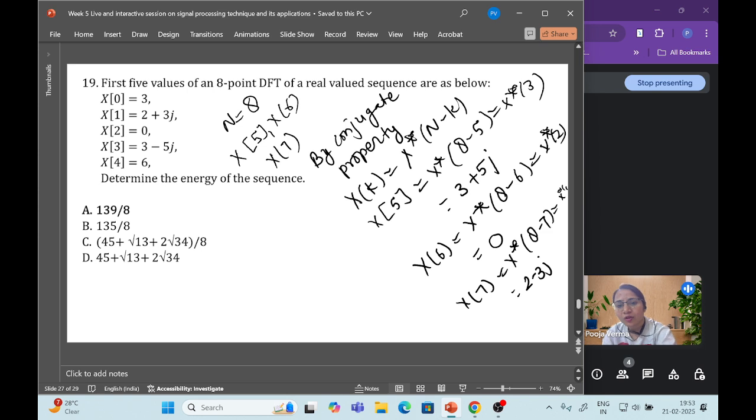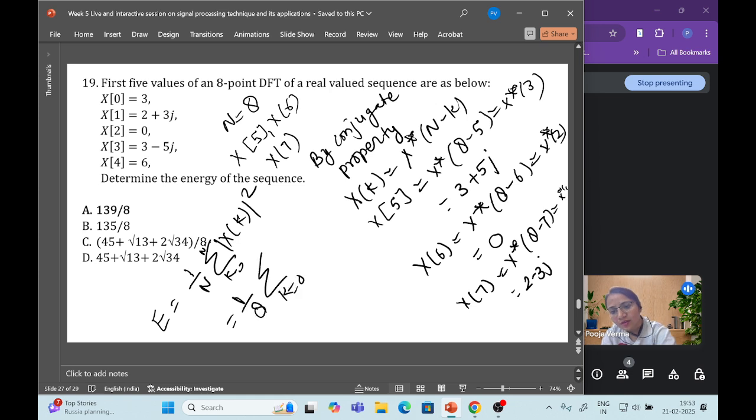Now to find the energy of the sequence, from Parseval's theorem we know that E is equal to 1 by N summation k varies 0 to N minus 1 of mod of X of k squared. So directly, 1 by 8 summation k varies 0 to 7 of mod X of k squared, okay?